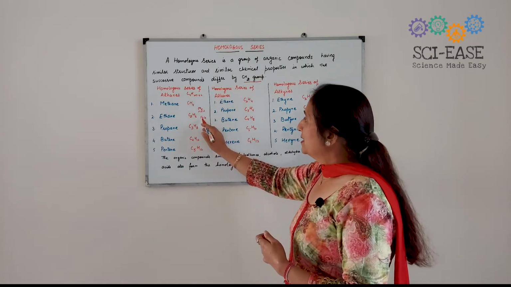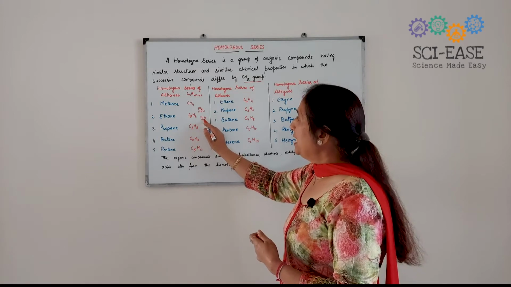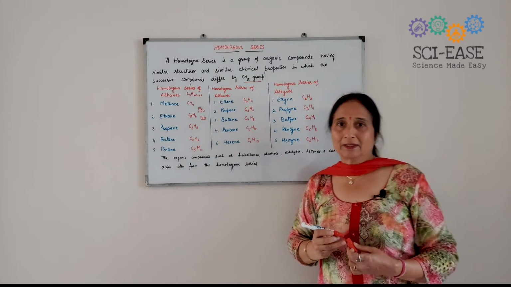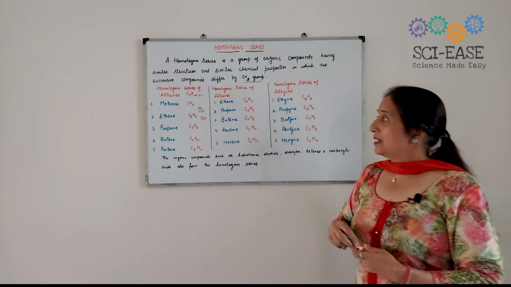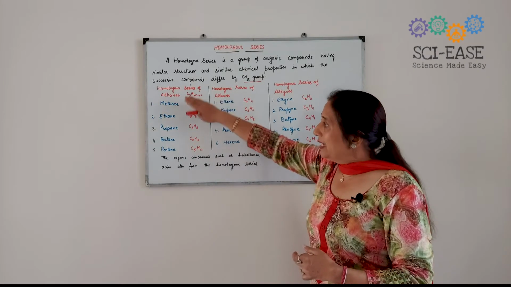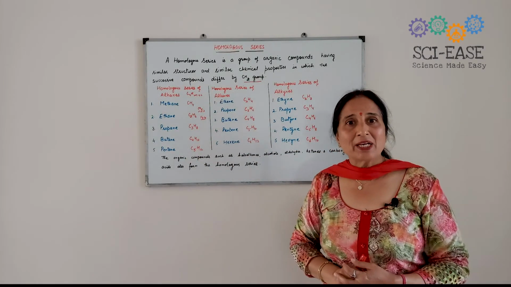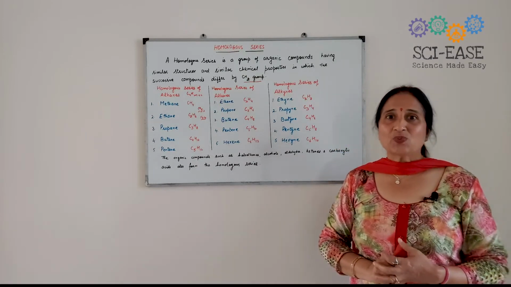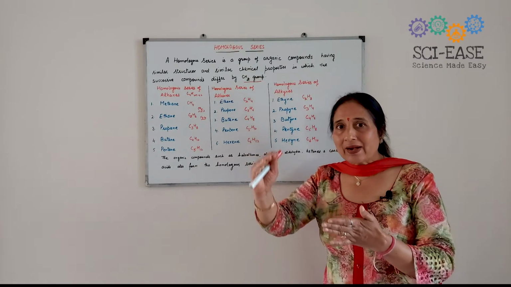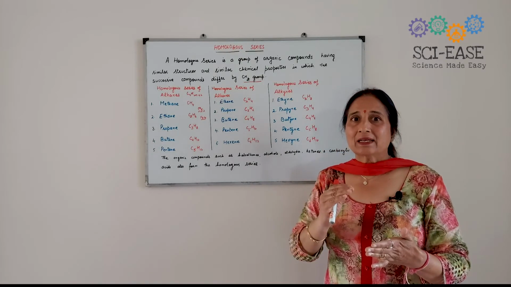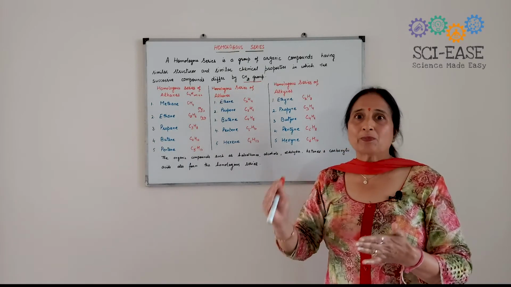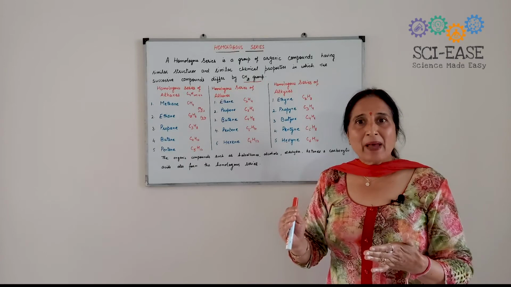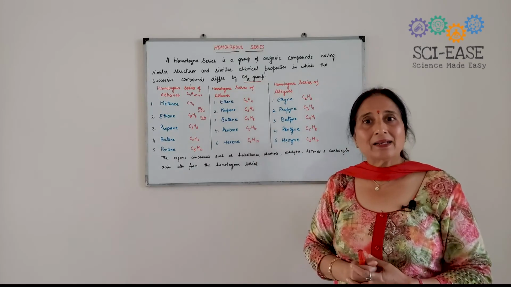So the difference of 14 u should be there. Next point is that they should have the same chemical properties. And last one, there is a gradual increase in the physical properties of these members as the molecular mass increases.